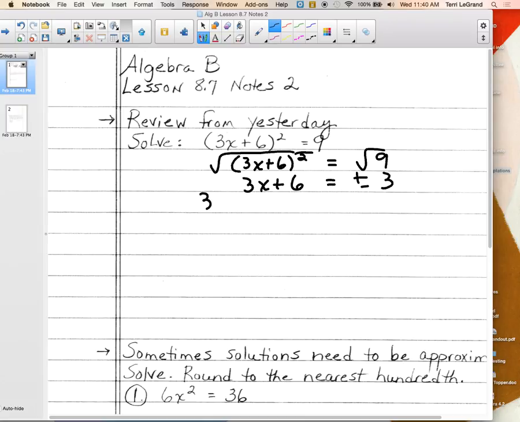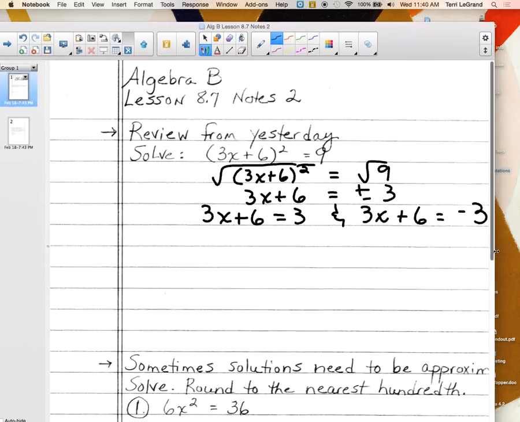Okay, so the 3x plus 6 can equal positive 3, and 3x plus 6 can equal negative 3. So go ahead and solve both of those because you're fully capable of doing that without my help. You have two equations to solve to get the solutions.